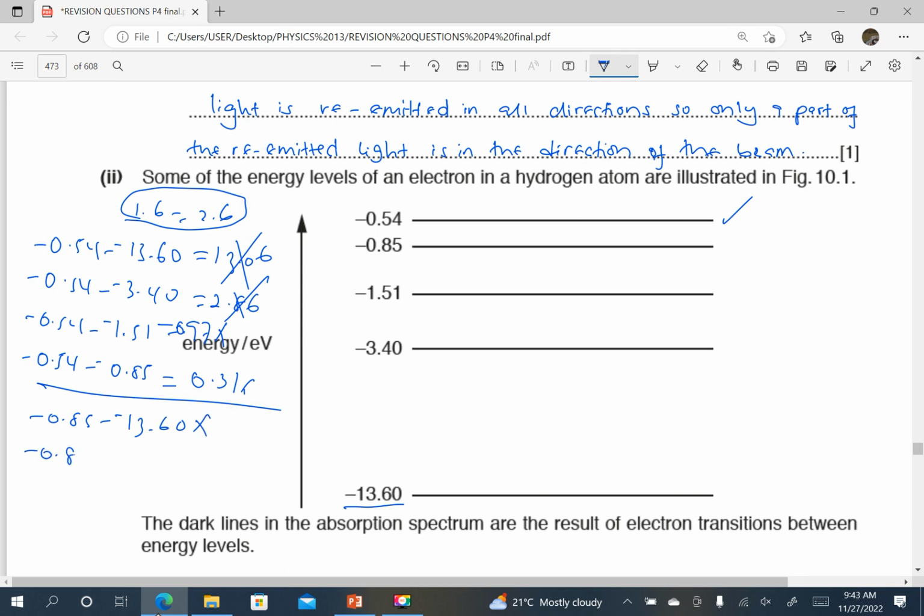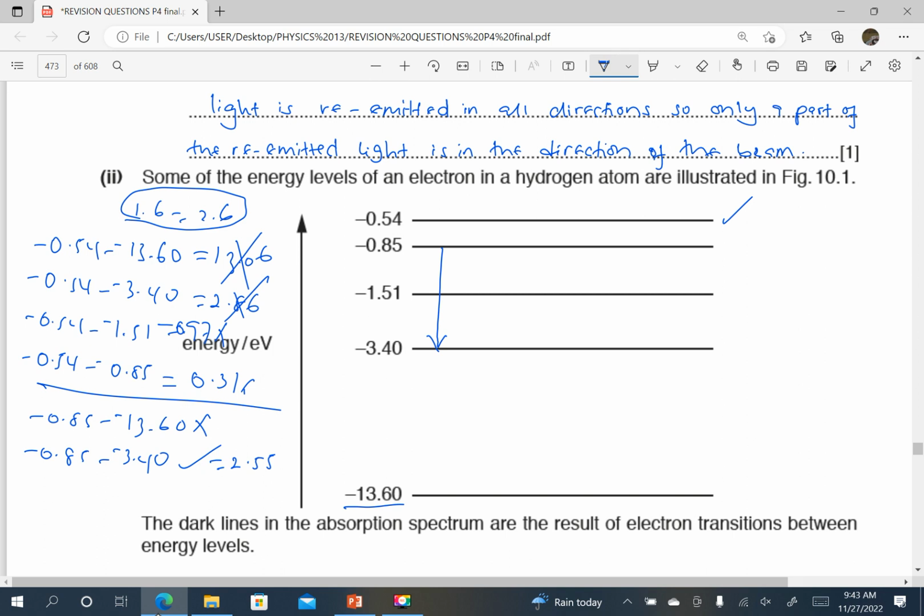Negative 0.85 minus negative 3.40. 3.4 minus 0.85 is 2.55. 2.55 is in the range. So I will have a transition from here up to there. 2.55 is in the range because the range is 1.6 to 2.6.